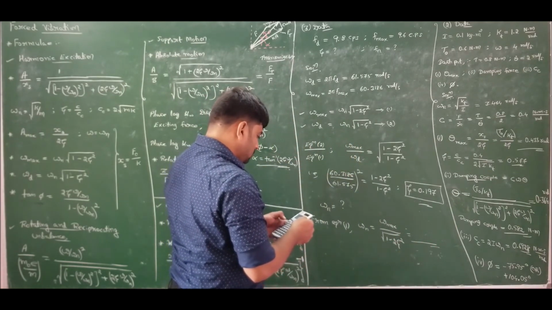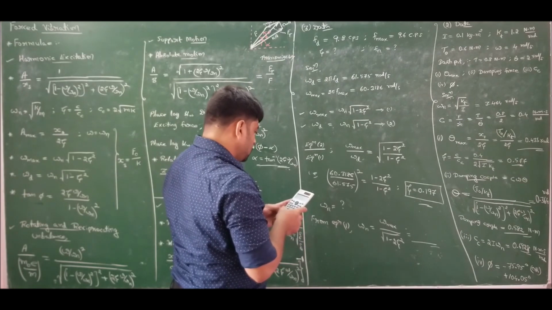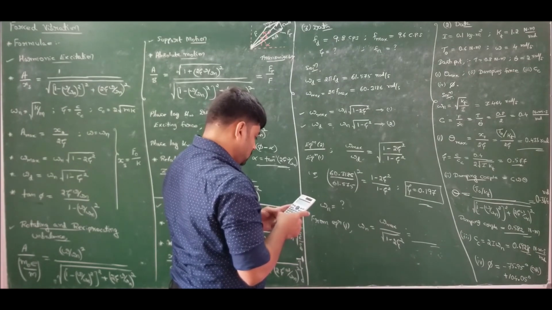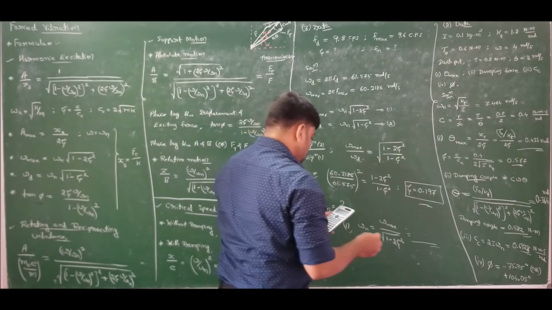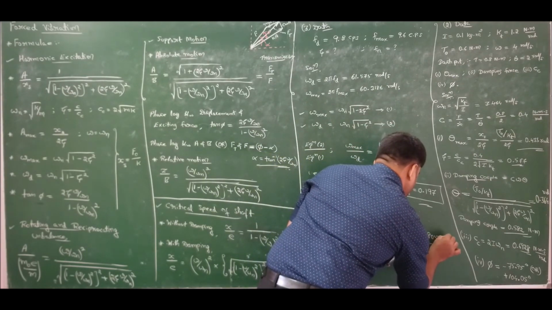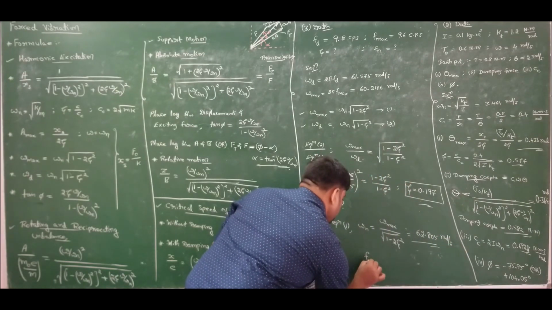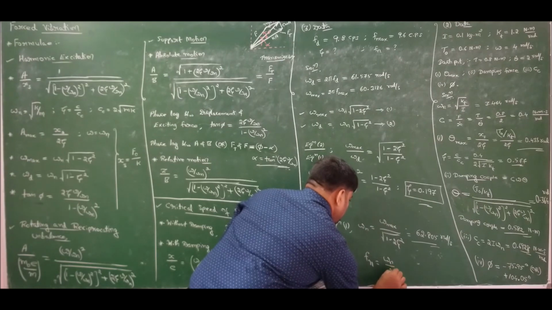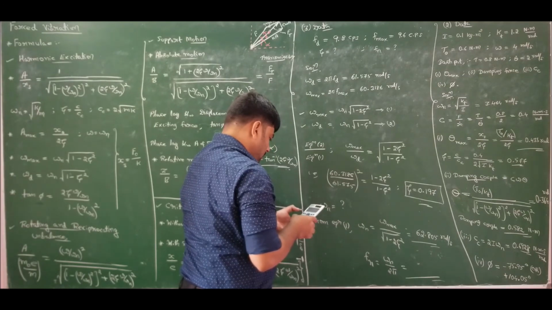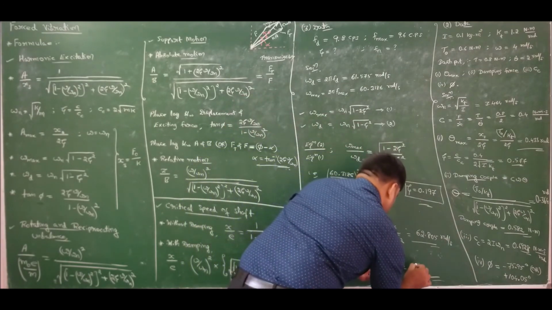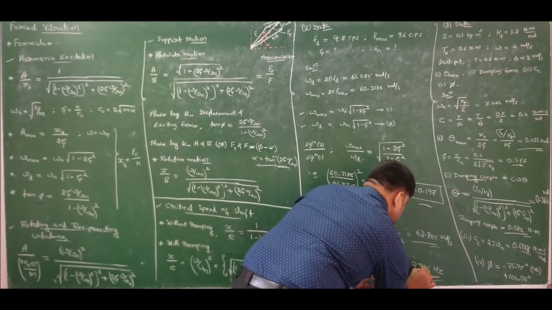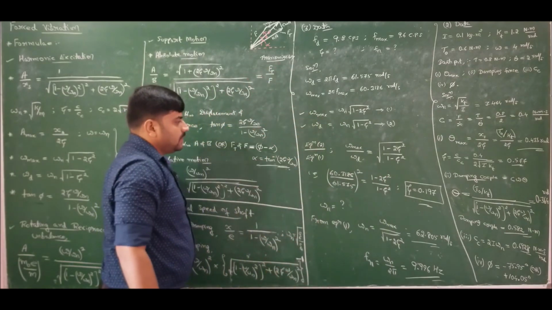Omega max is 60.3186 divided by root of 1 minus 2 into 0.197 square. You get the answer as 62.805 radians per second. Hence fn is omega n by 2 pi, which is 9.996 hertz. So this is the solution for problem number 3.